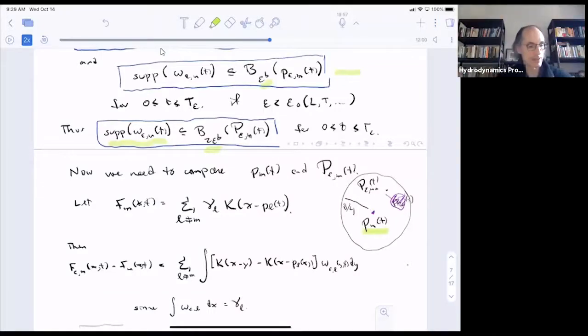This capital P epsilon m is convected by the background flow generated by the blobs. And the argument is that as long as these blobs are close to the points where they're supposed to be, then the background flow experienced over here will be close to the one generated by the points. So that's what we have to estimate.